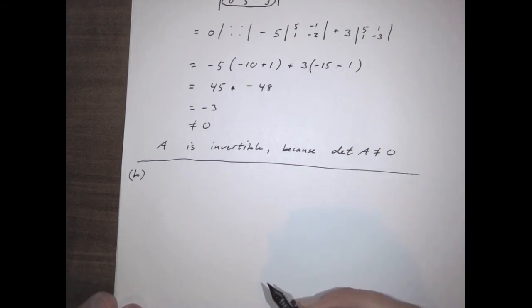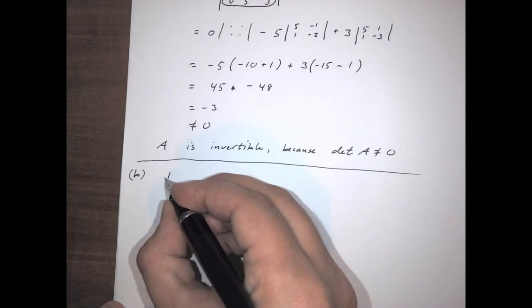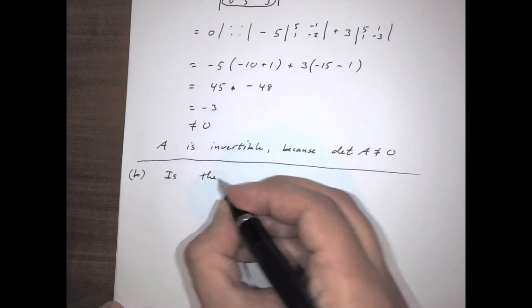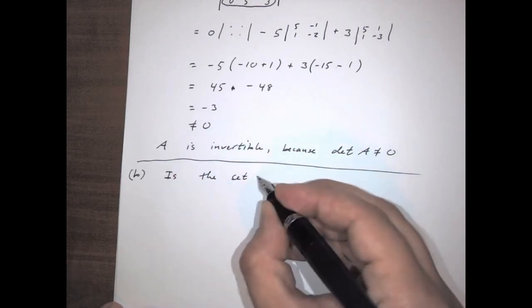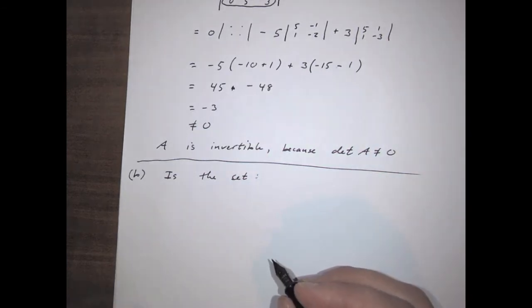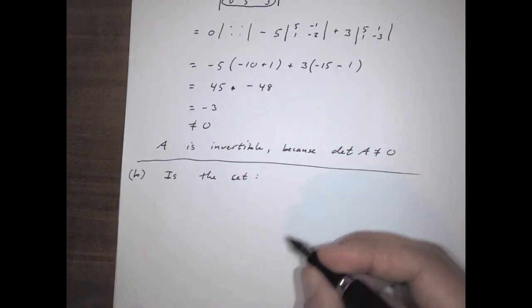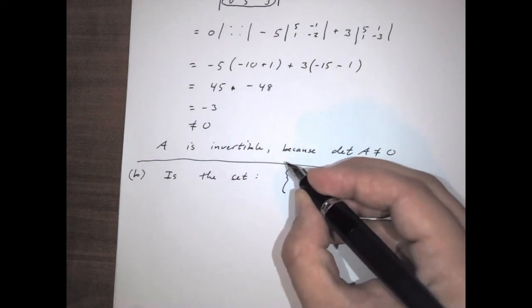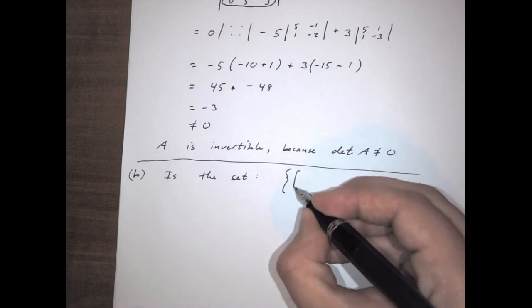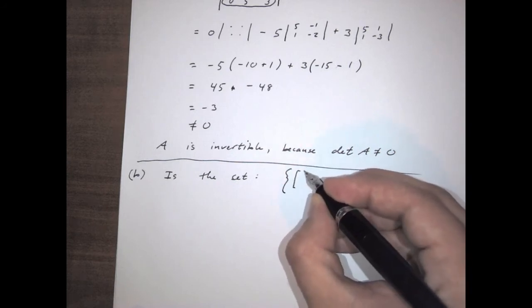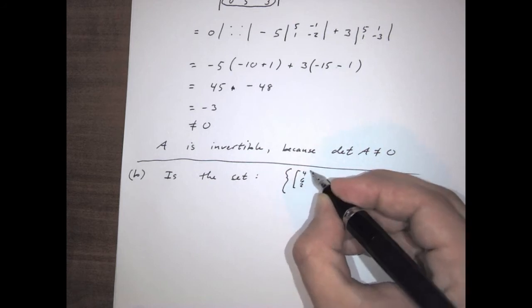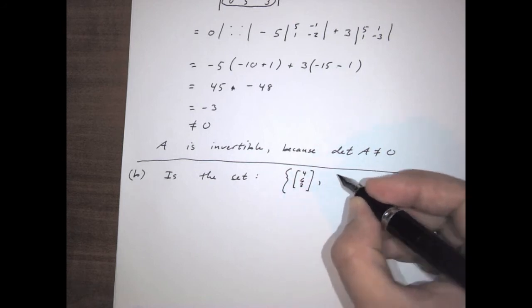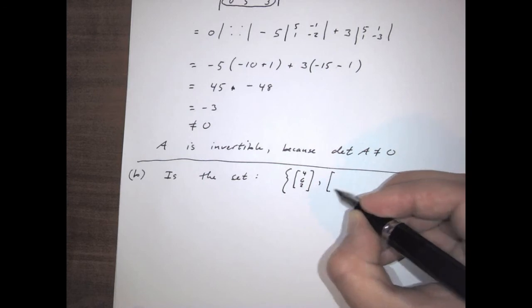Another kind of question would be, I could give you a collection of vectors, and I could ask you, are they linearly independent? So, is the set, and the set, let's say, is going to consist of vectors, so they're going to be three entry, 4, 6, 2, and then negative 6, 0, negative 6.